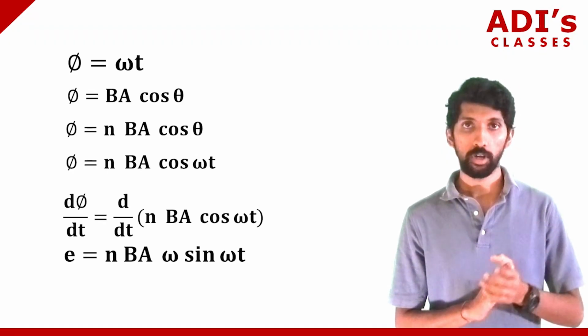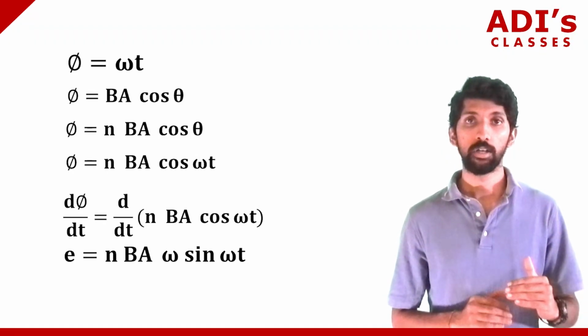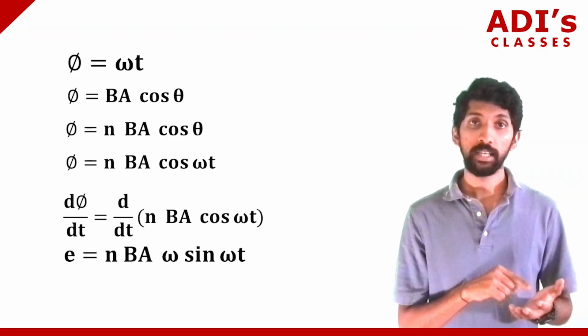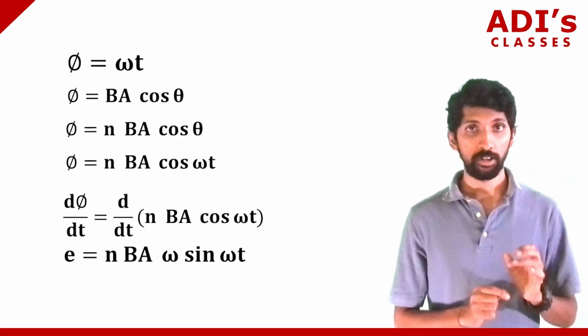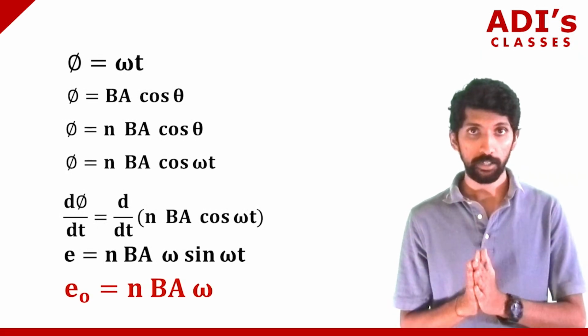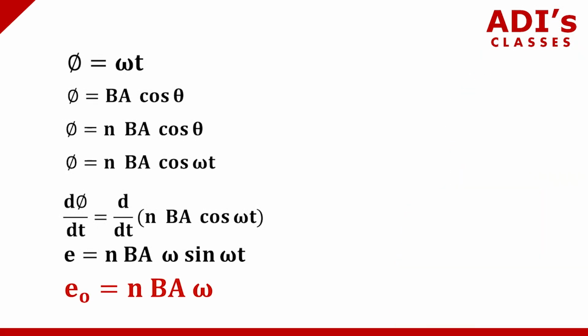Correct? So if you compare this equation with E naught sin omega t, we get NBA omega as E naught, meaning the maximum EMF we can get from an AC dynamo is NBA omega.